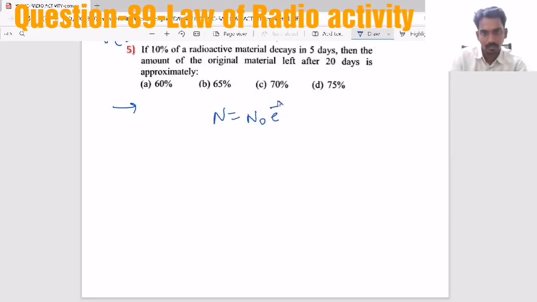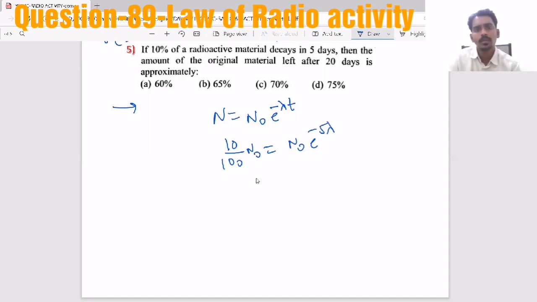See, N equal to N naught into e power minus lambda t. Now N is 10%, 10% means 10 by 100, when time is 5 days. Then the amount of the original material left after 20 days is approximately.